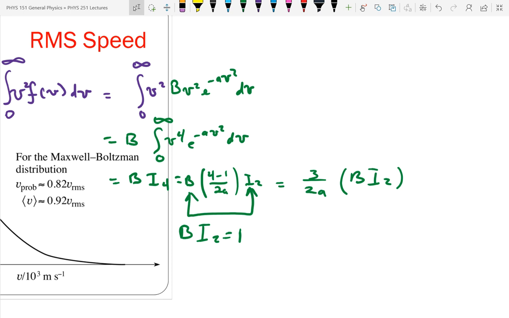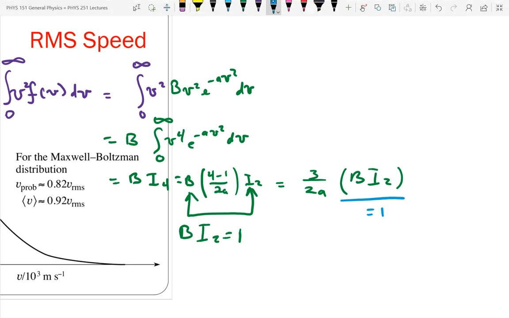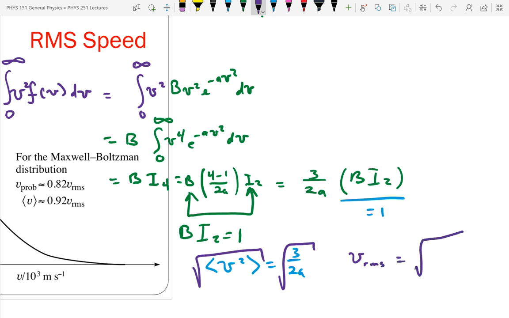Okay. So this here is just equal to 1. So I have the average of the speed squared is equal to 3 over 2a. And so the RMS speed, how do I get the RMS speed again? Square root that. Square root both sides. I have v RMS is equal to the square root of 3 over 2a.